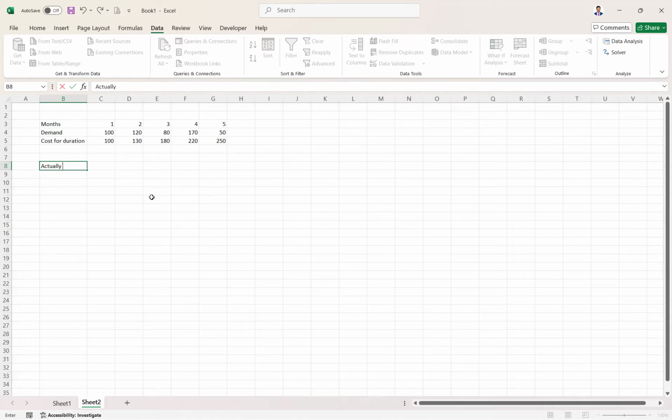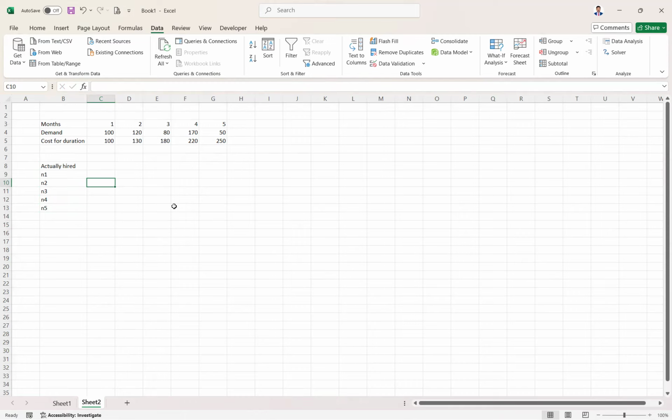Let N1 be the variable. N1 gives the number of employees working in month 1. N2 means the number of employees working in month 2. N3 means the number of employees working in month 3, and N4 and N5 respectively.